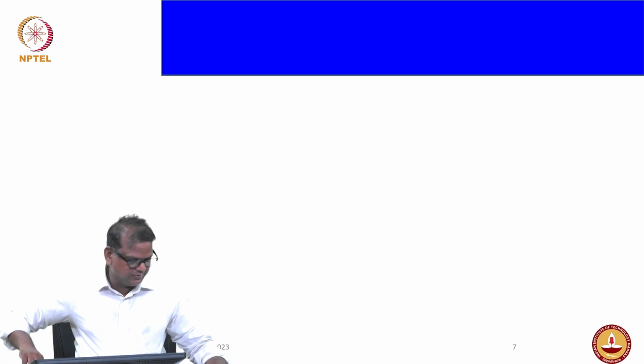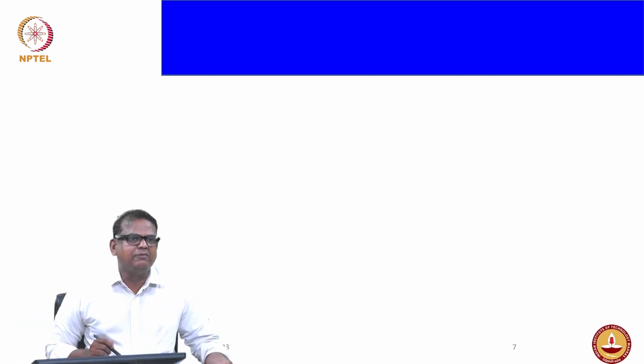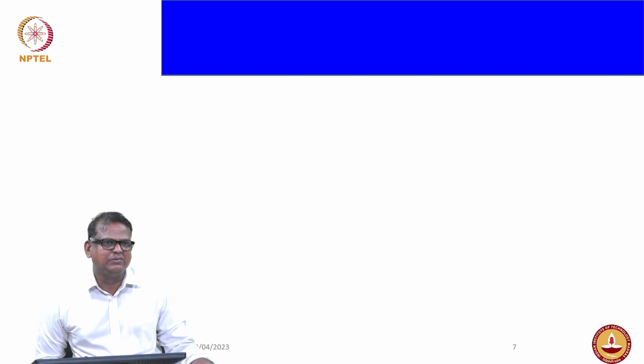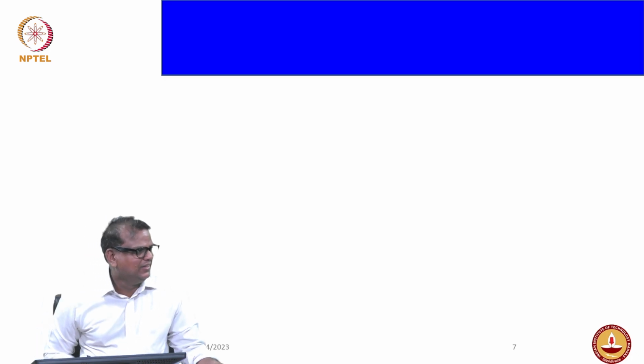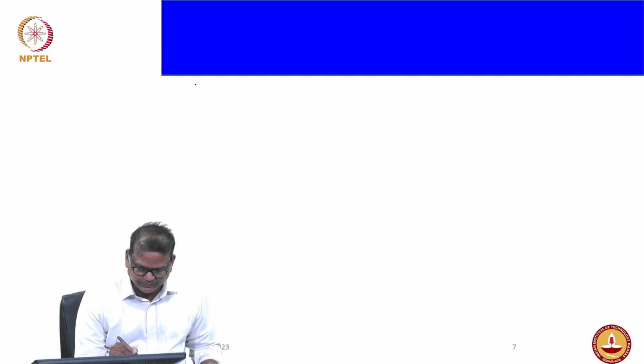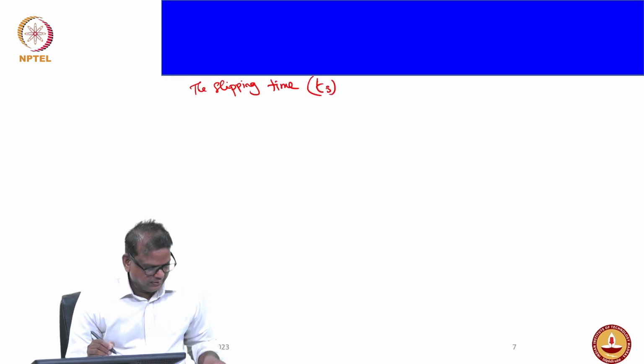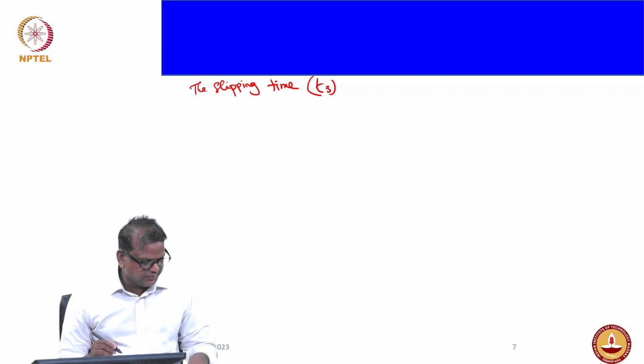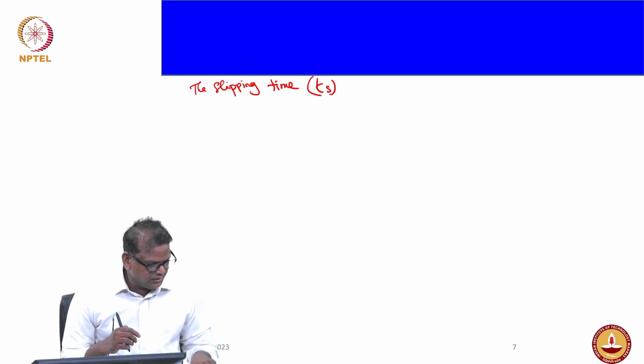So what do you expect the typical slipping time for a clutch to be? Is it a few seconds, or minutes? In seconds only. So the slipping time Ts is the time during the friction phases of the clutch, moving relative to one another under contact pressure.